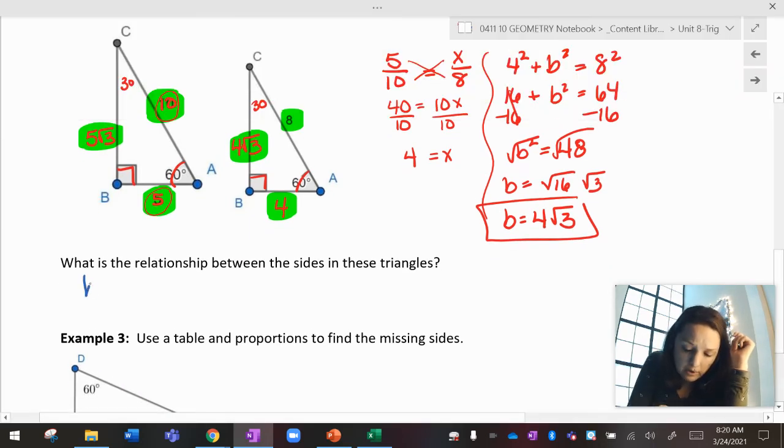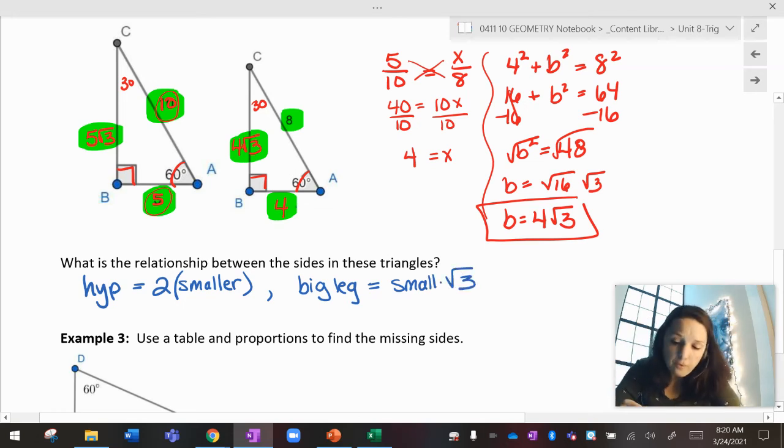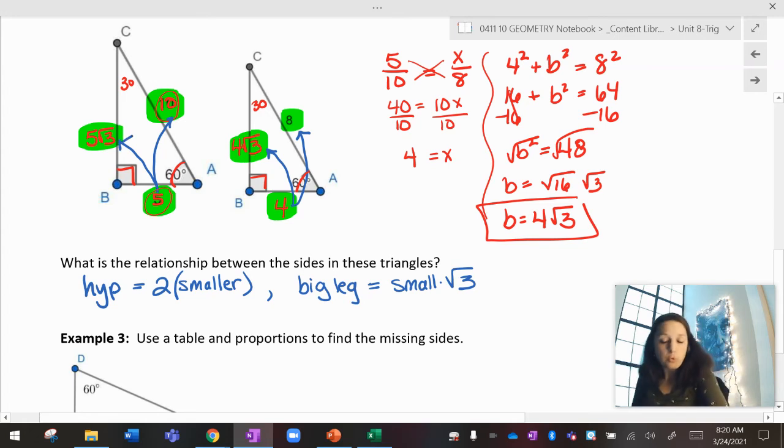Well, the hypotenuse is 2 times the smaller side, and then the larger leg is the smaller leg times root 3. 4 times 2 is 8. 4 times root 3 is 4 root 3. 5 times 2 is 10. 5 root 3.